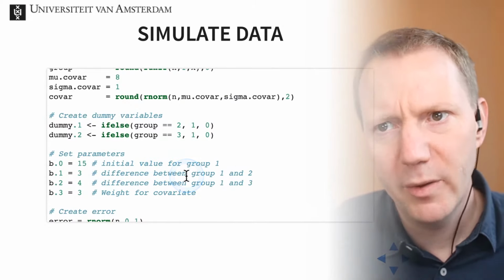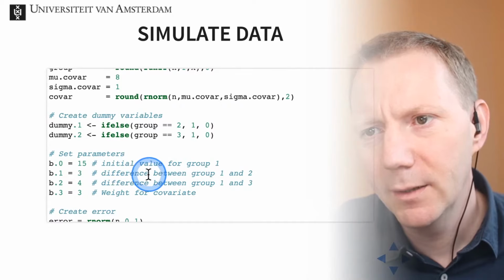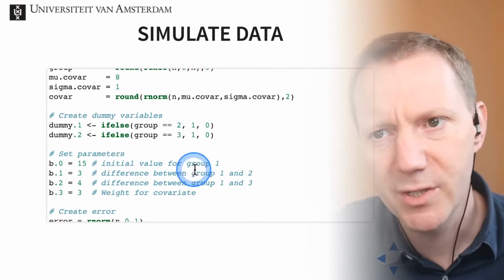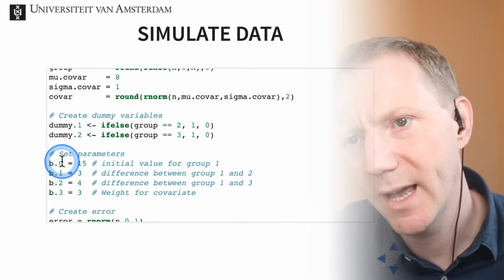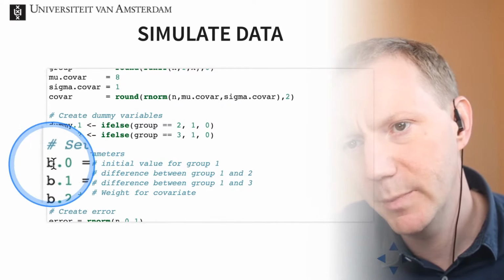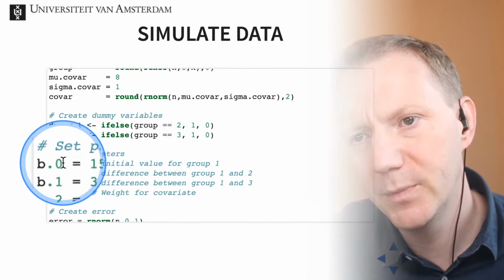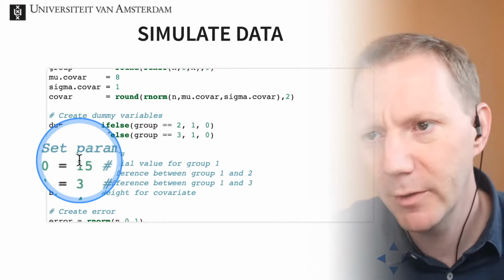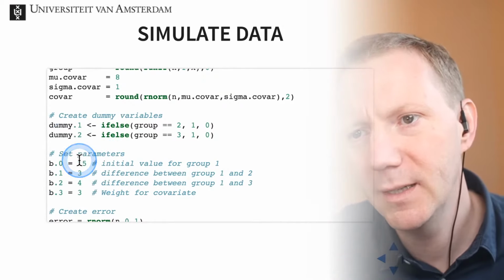Now that we have our dummy variables, we can determine, or I'm simulating, the beta coefficients for our regression model. So I have the intercept B0, where I set my value to be 15. It's totally arbitrary, but it's a value of 15.